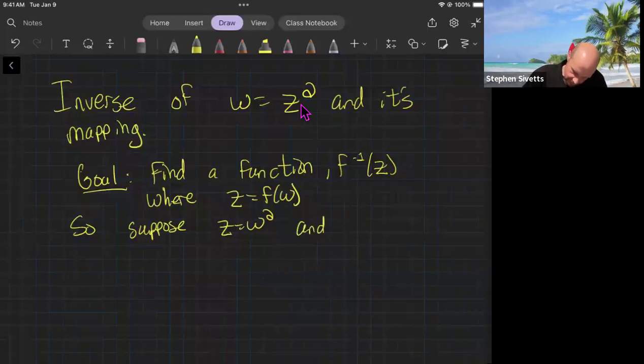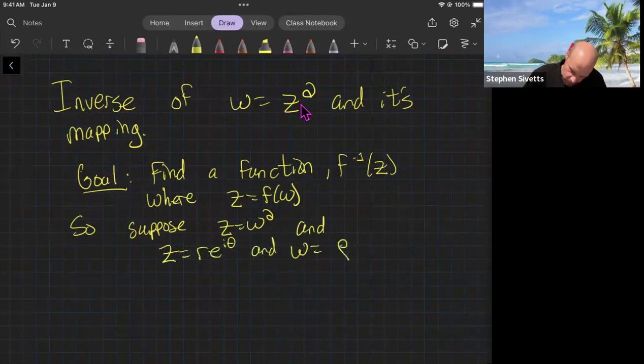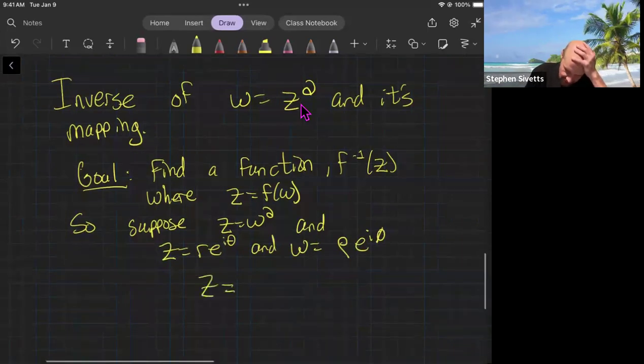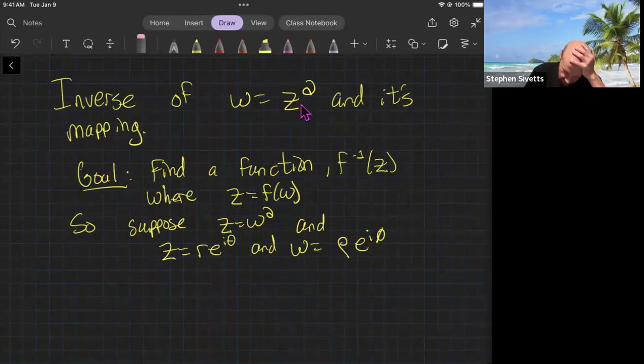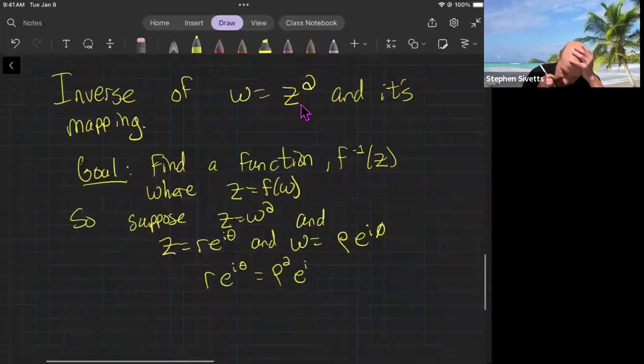And let's say Z is equal to R times e to the I theta, and W is equal to, let's say, rho e to the I phi. Now, in terms of polar coordinates, R times e to the I theta equals rho squared e to the I times 2 phi.